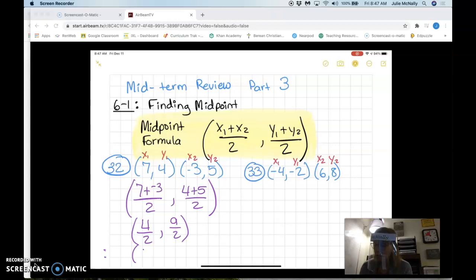Nope, just 2. And then 9 divided by 2 is going to be 4.5. So there's your answer. This is the midpoint coordinate for those 2 points above, okay?